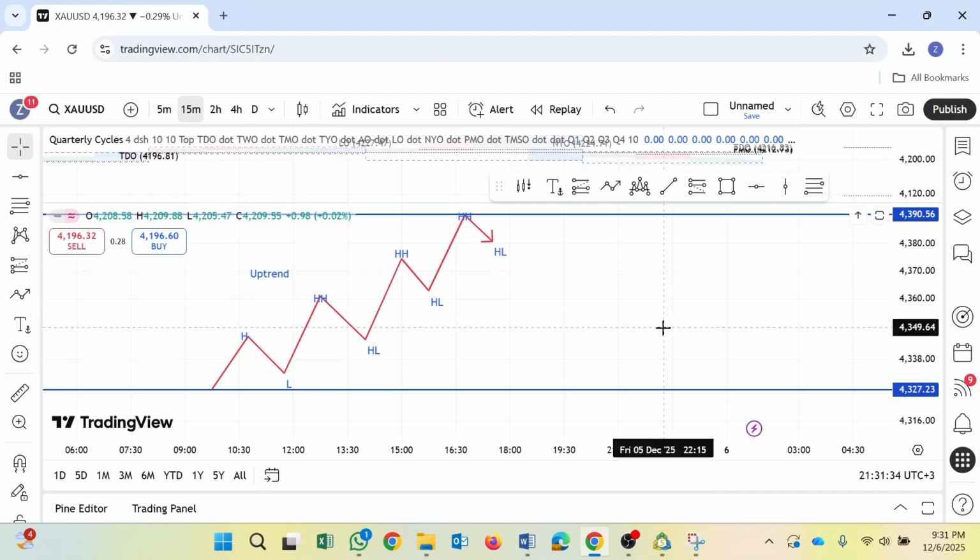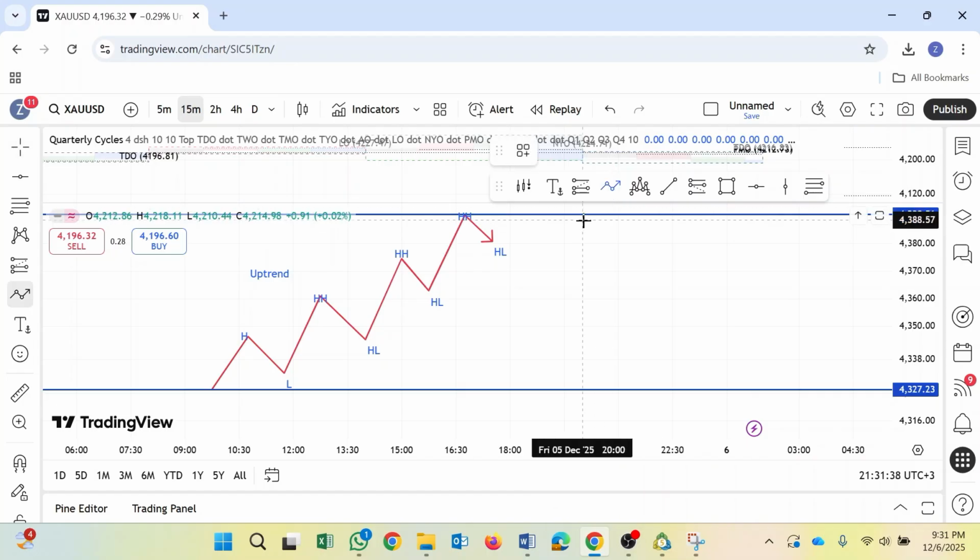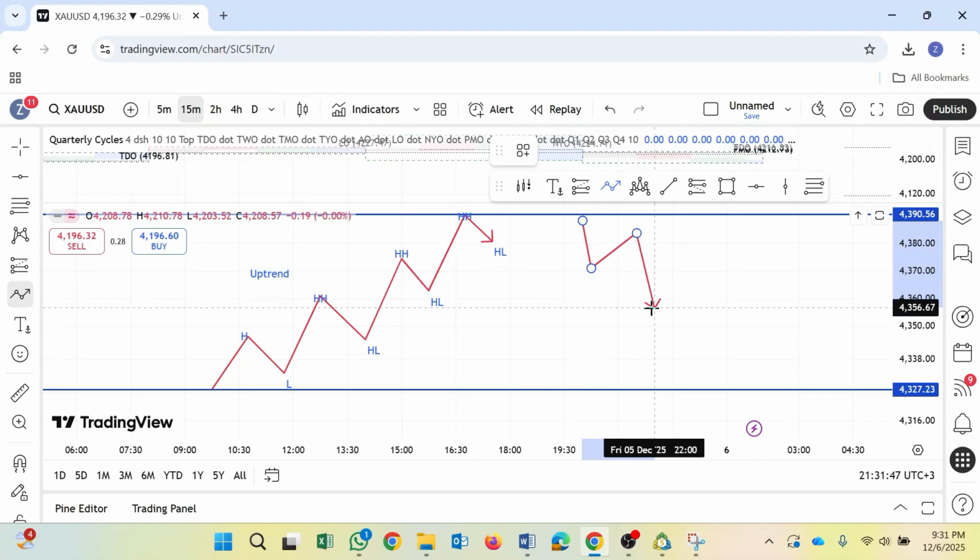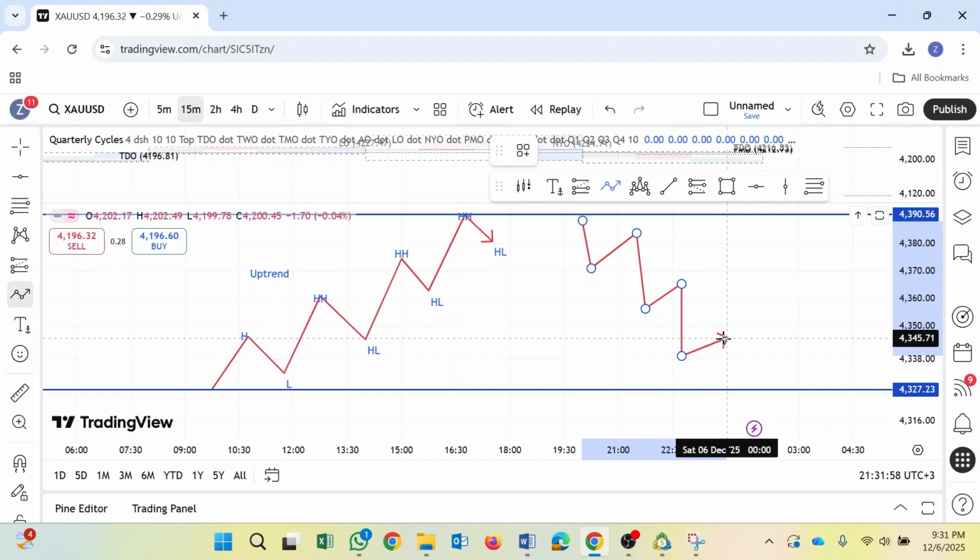Now, what happens during a downtrend? Now, the reverse is what happens. Now the chart will go down, look like it's going up, then goes lower than the previous low, then forms another high, but that is lower, then a lower low, like that. And the process continues.